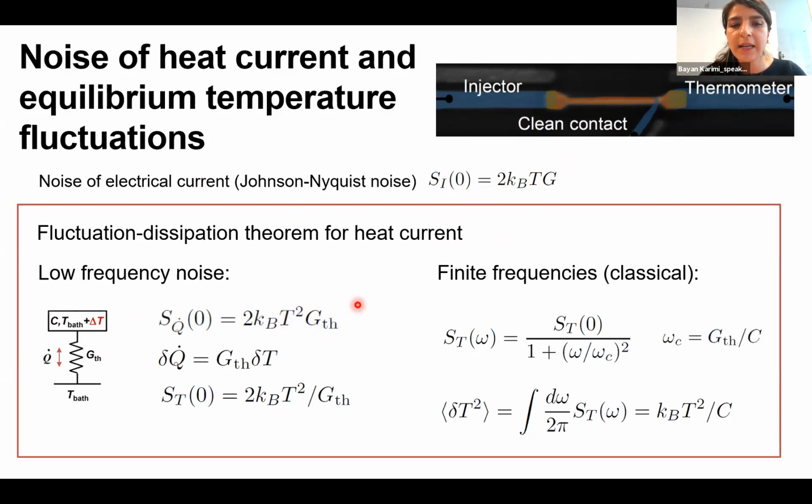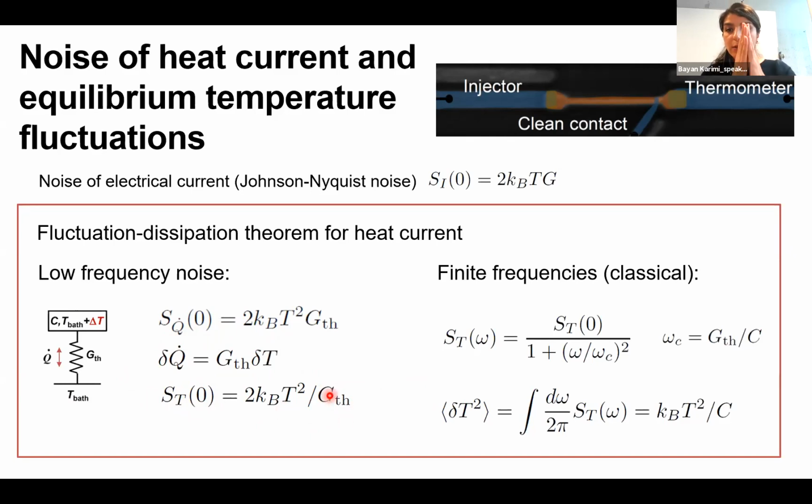And the important element here is that we should have a thermal conductance to the phonon mass. So again, for the temperature difference and heat current, we have our Ohm's law, and the temperature fluctuations at low frequency are given by this expression here. The main element here is the thermal conductance and, of course, the temperature.